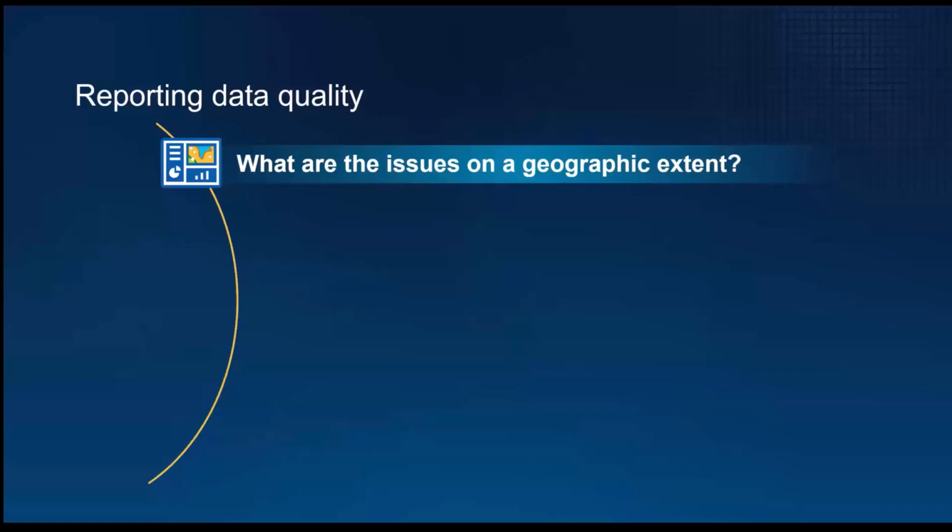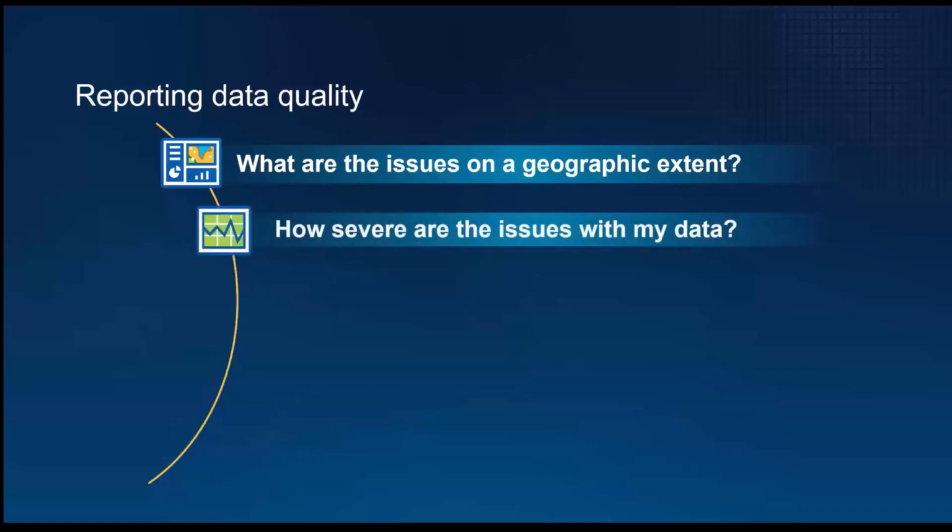Maybe there are certain parts of my data set that are lower quality than others. Maybe it's because the original sources are different. How severe are the issues in my data? So Mary showed a little bit about the severity property of a validation attribute rule, where you can mark, not all errors are the same importance, and you can discriminate there.